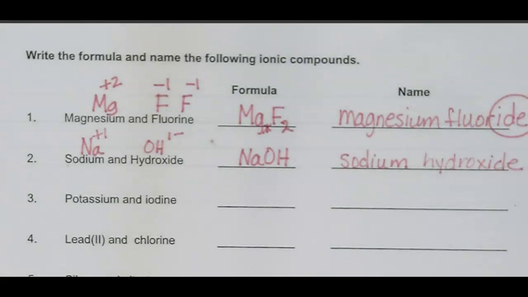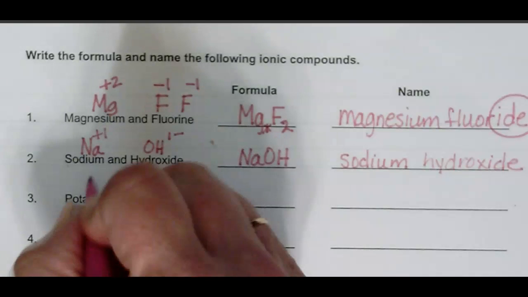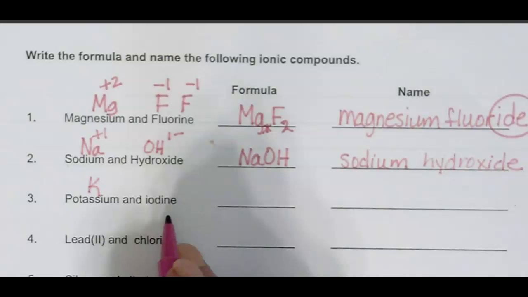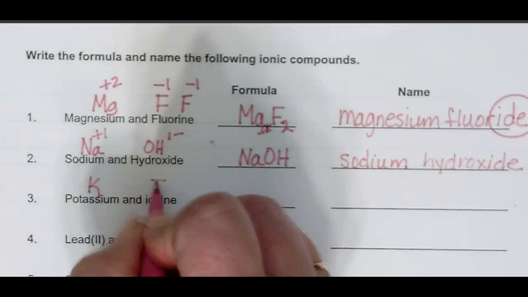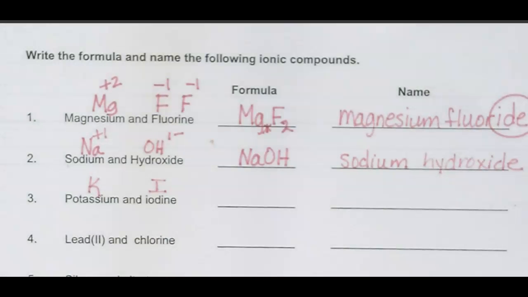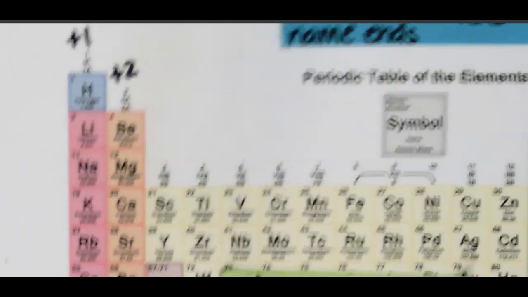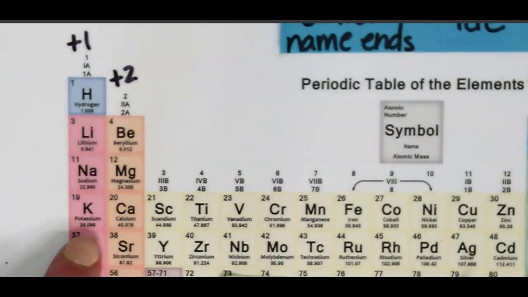Number 3, potassium. Again, some of you have not learned that potassium is a K. Iodine is also an element. It's an I. Again, I'm going to go to my periodic table, and I'm going to find potassium right here.